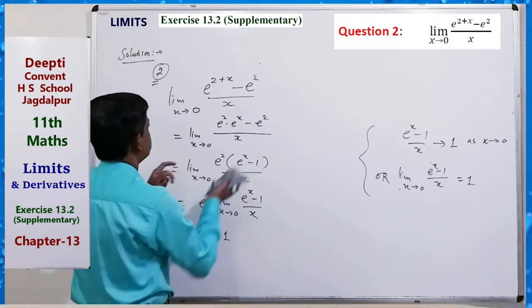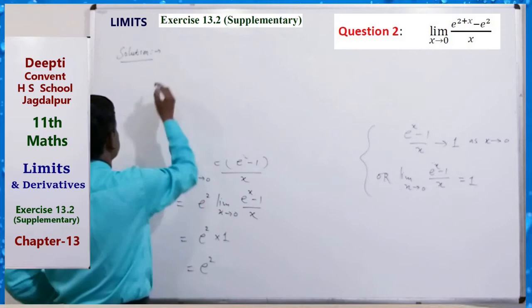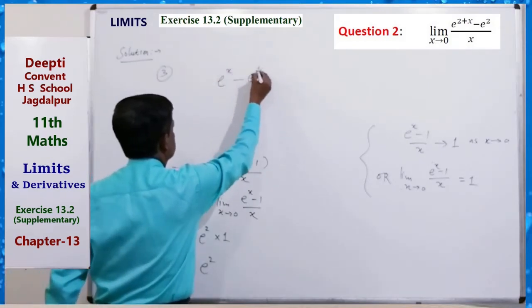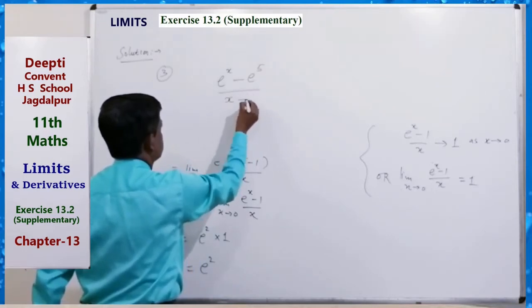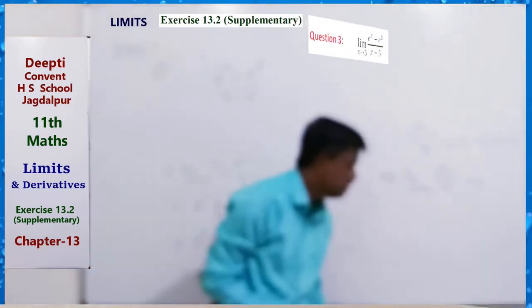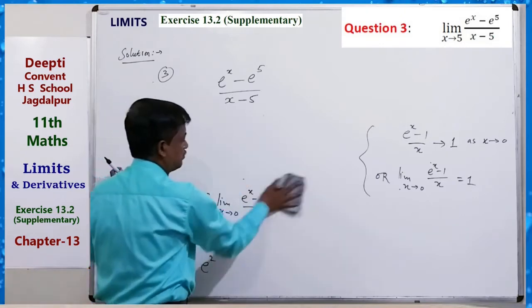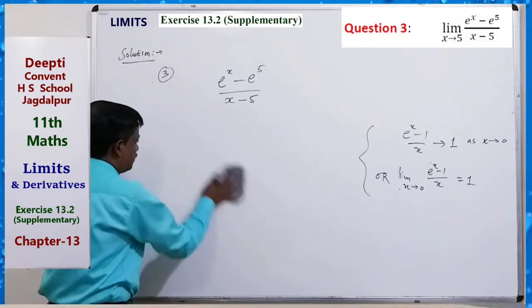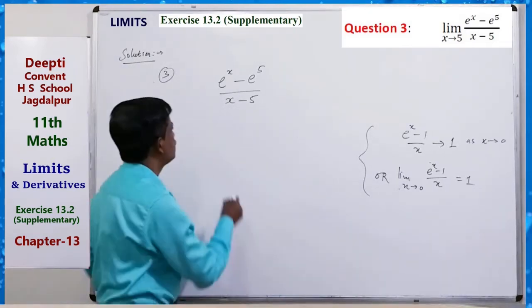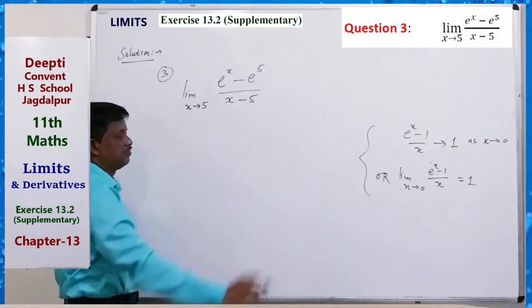Third question: limit of (e to the power x minus e to the power 5) by (x minus 5), as x tending to 5.